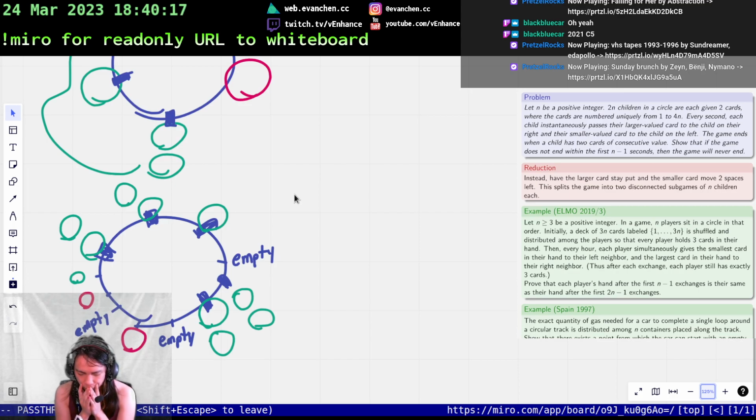Like there should be a unique point on the circular track such that I have exactly enough gas to go all the way around. Is it something like this?